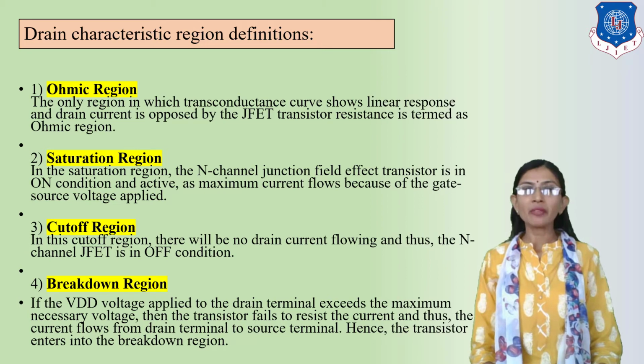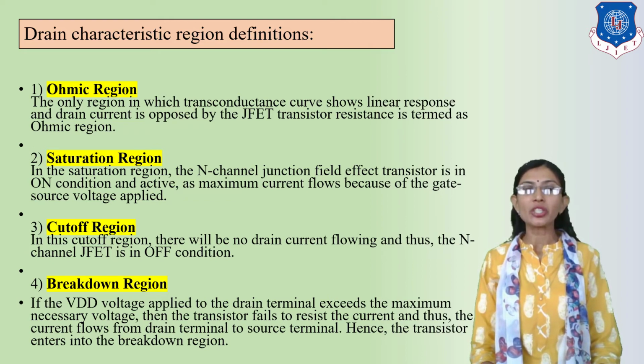The third one, I will explain the cutoff region. Cutoff means JFET is in off condition. No current flows, means channel is blocked, and ideally the output current is 0. Drain current is equal to 0. That region is known as cutoff region.